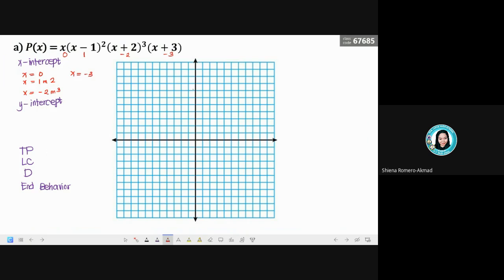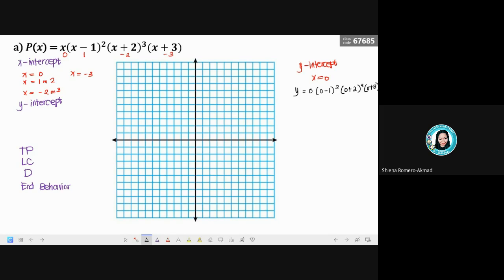Next, the y-intercept. Dito natin isolve si y-intercept. All I have to do is to make x 0. If I do that, I'll have y equals 0 times 0 minus 1, 0 plus 2, 0 plus 2.